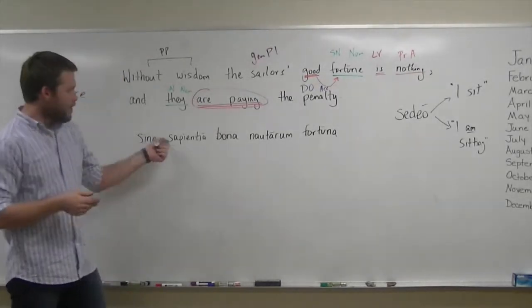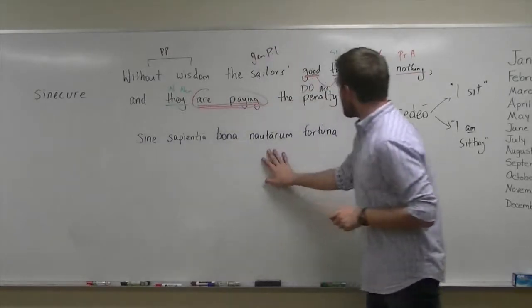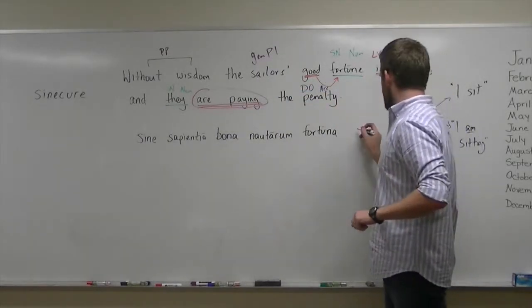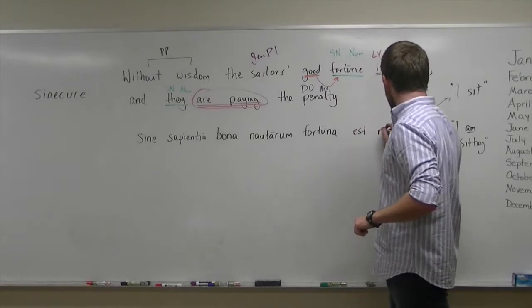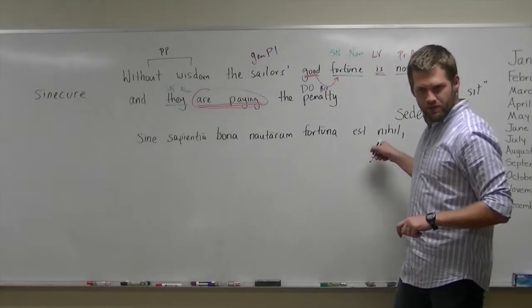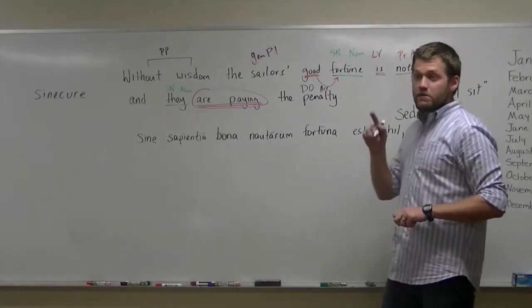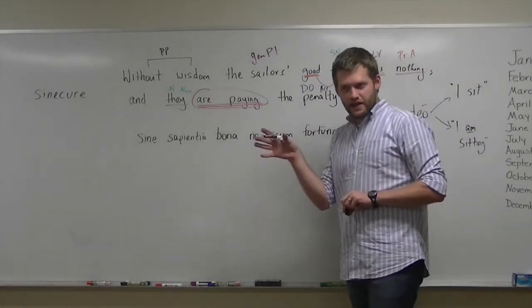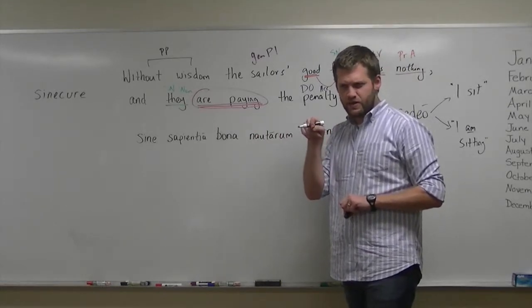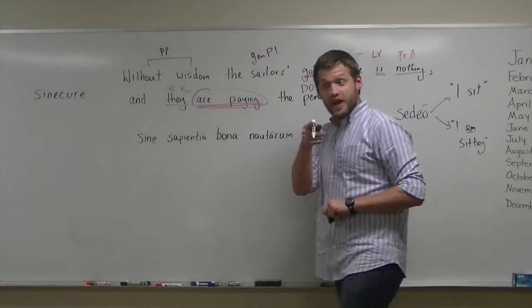Okay. So without wisdom, the good fortune of the sailors, nice plural, is nothing. Es nihil. And I think they should give you a little note that nihil is indeclinable. I know, that's amazing. I saw that. Now, in medieval Latin, it stops being indeclinable. That's where we get, for example, God creates, do you know the theological term that we use? Ex nihilo. Oh, yeah.